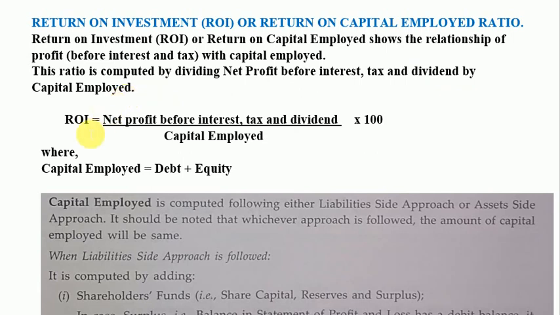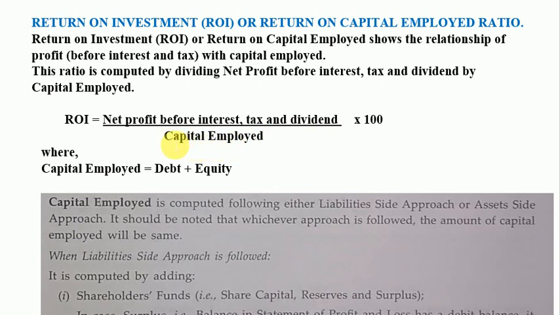So the formula is return on investment is equal to net profit before interest, tax and dividend divided by capital employed multiplied by 100. Now we have just discussed what is net profit after interest and tax in the previous formula, net profit ratio. Here the difference is it will be net profit before interest, tax and dividend.